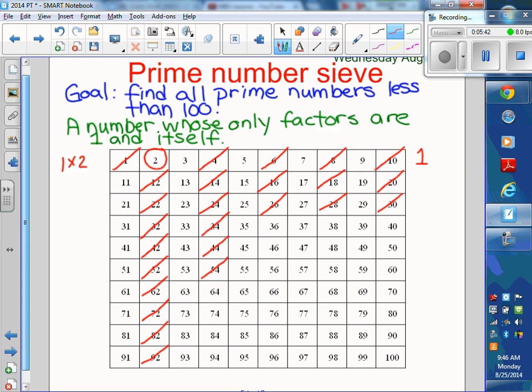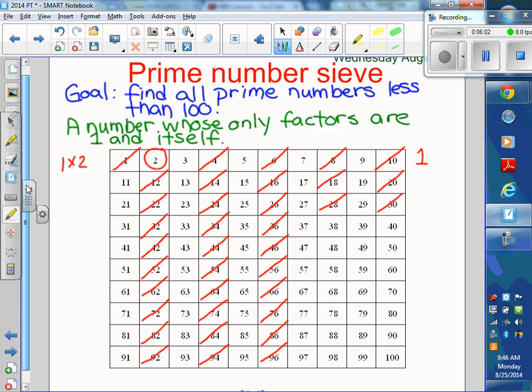There's only one even number that's prime, and that is 2. So every other even number is not prime. We call it a composite number. So we cross them out because today the goal is to just find all the prime numbers.